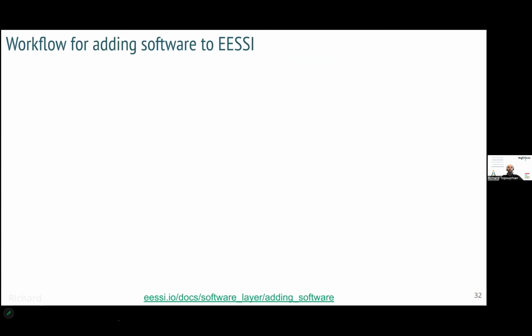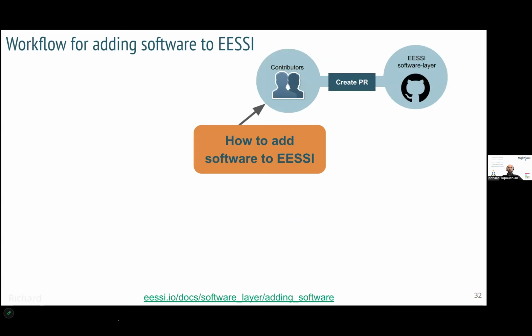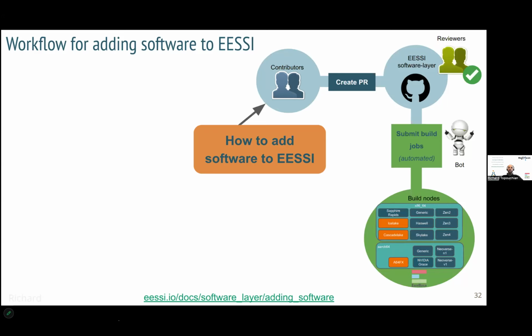To add software to Easy, first, the contributor makes a pull request to the GitHub repository of the Easy software layer. Then reviewers from Easy will check this pull request and make sure that it is compliant with the contribution policy that I mentioned earlier.